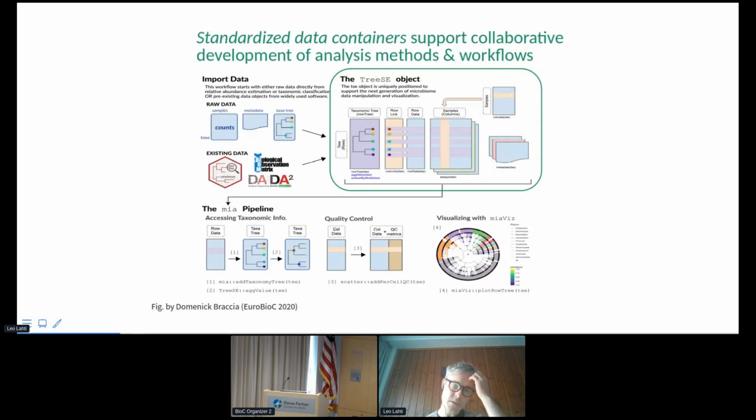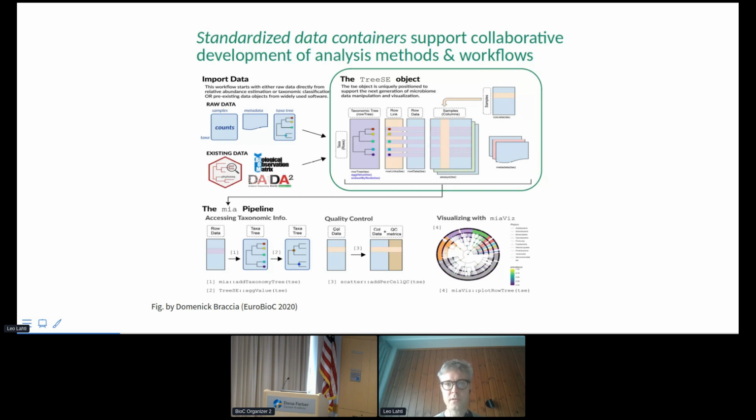In a usual microbiome data science workflow, we start by importing the raw data files into this particular data object, and then we have an ecosystem of tools that understand this data object for reproducible analysis of the data.